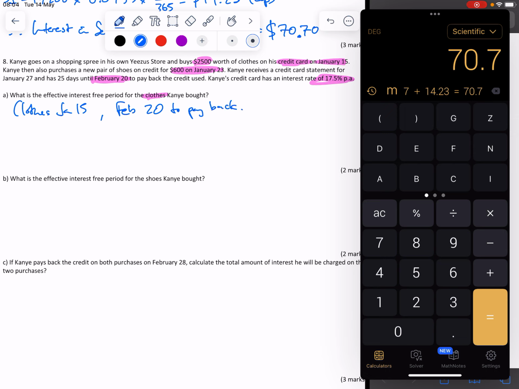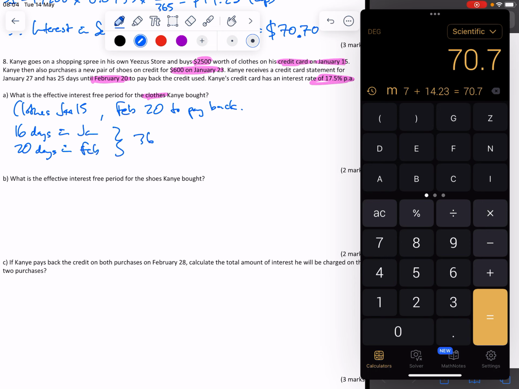So we need to count January to the end of January. January is a 31-day month because it's on a knuckle. So 15 is not counted. 16 starts counting. 17, 18, 19, 20, 21, 22, 23, 24, 25, 26, 27, 28, 29, 30, 31. I've got 16 days in Jan. And then you've got Feb 20 to pay it back. So you've got 20 days in Feb. That is 36 days.